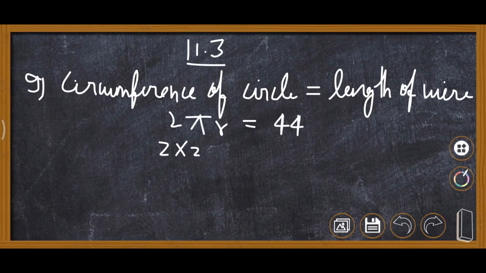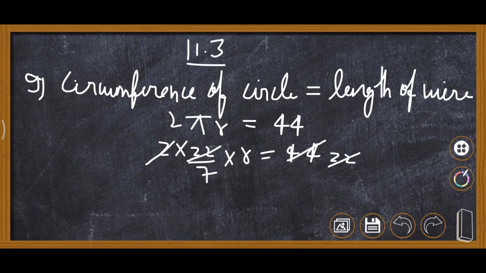In place of pi we will write 22 upon 7, then 44. Now we will cut this to 22 and then 22 and 22, so the radius is 7 centimeter.